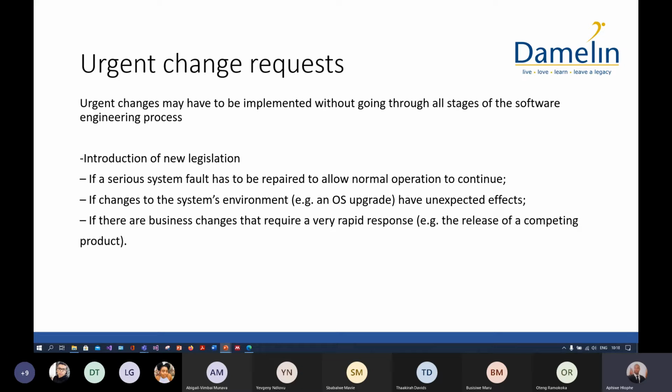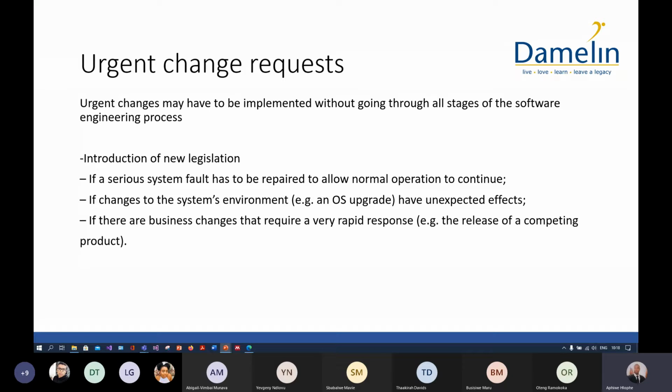If changes to the system environment, for example an operating system upgrade, have unexpected effects. So our system was hosted on, let's say, Windows XP. Then all of a sudden, when we updated our server to Windows 10, something happened. Now it's not working the way it should.